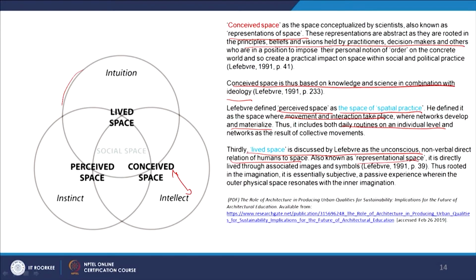It is lived through various associations, through schemata, through images, through various symbolic aspects. So in this understanding, we have the intellect which conceives, the instincts which develop these networks, and then the intuitions, through which it is understood via various images and symbolic aspects.